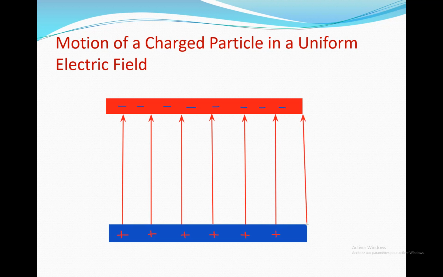Okay, we can say here we have E field between these two plates. In this case, because this one has minus Q charge and this one has plus Q charge, the field between these two plates is constant.